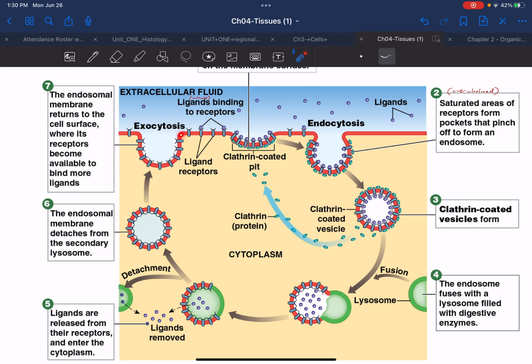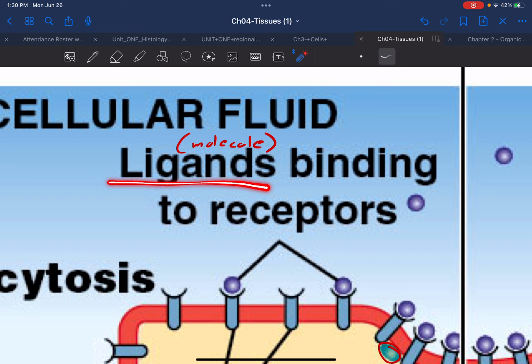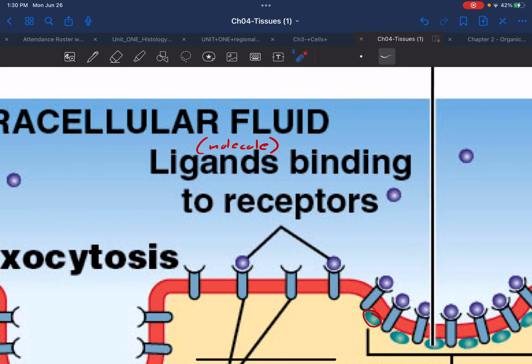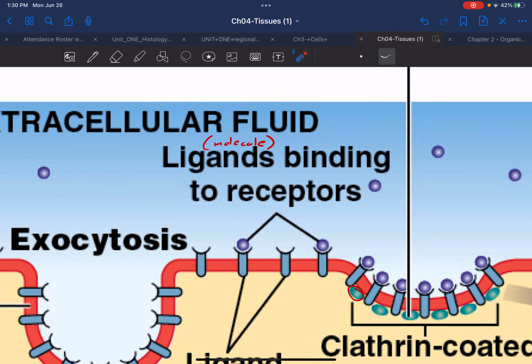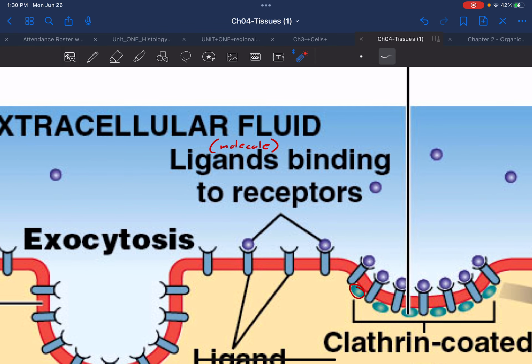On the surface, this red line here is our plasma membrane, our bilayer. It has those receptors on the surface, and when a certain molecule, which for us, ligand means the same thing as just a molecule that binds to a receptor. That's it. Because you have to make the distinction, because technically these protein machines are made of amino acids.